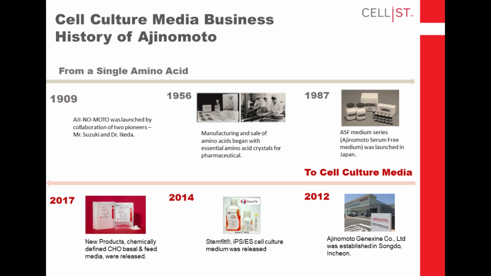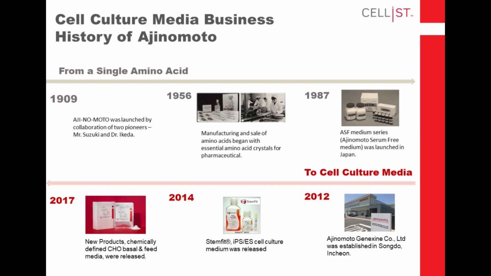We already have more than 60 years of experience in amino acid manufacturing for pharmaceuticals, and in the past 30 years, there was development of business for cell culture media.